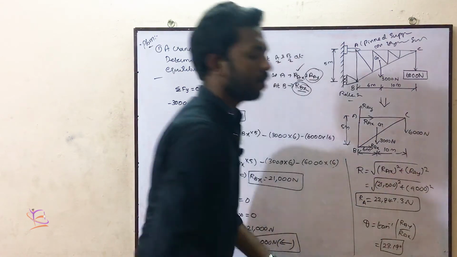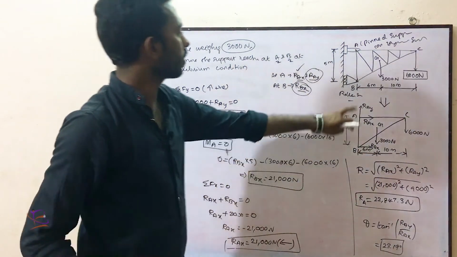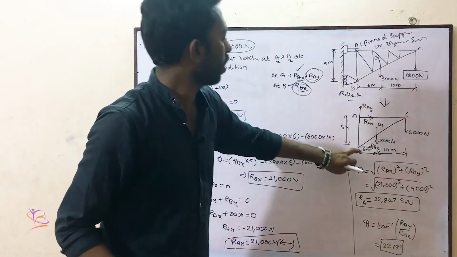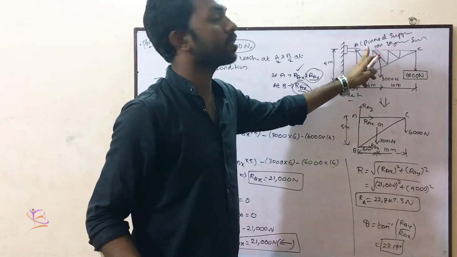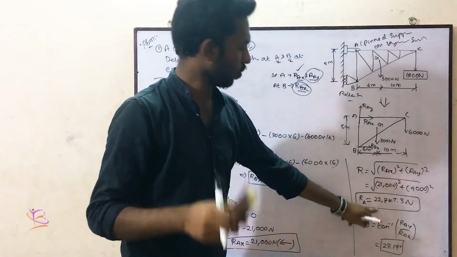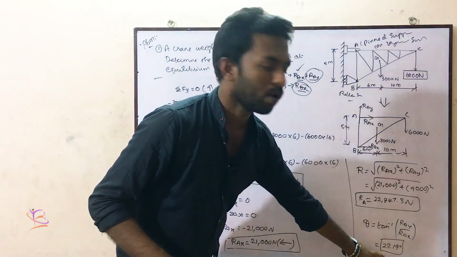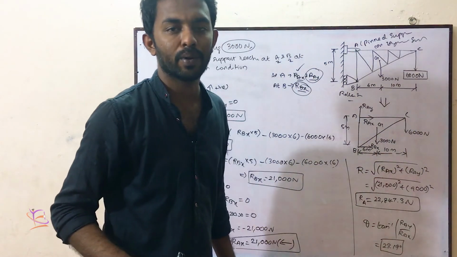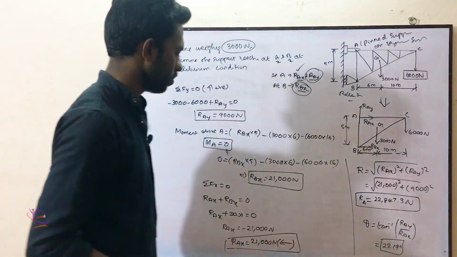So here we can conclude that at this point, the roller support on B has only horizontal. At this point horizontal is there, vertical is there. We resolved it into a single reaction force at an angle of 23.19 degrees. Thank you.